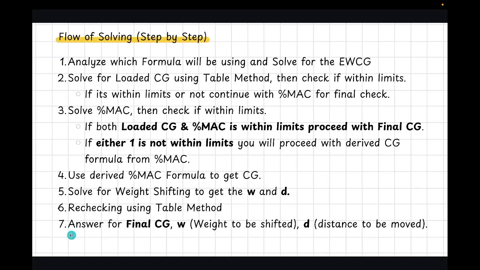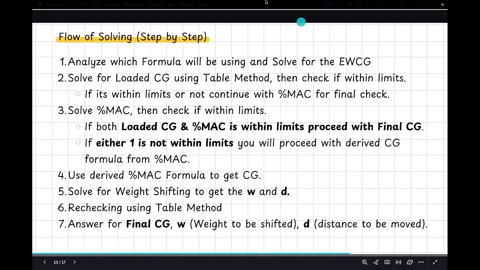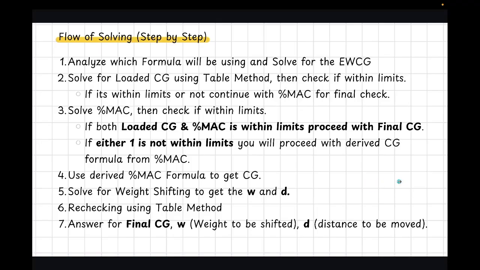Okay, here is the big breakdown of our solving process. Step 1, analyze which formula we will be using and solve for the empty weight center of gravity. Step 2, solve for the loaded CG using the table method, then check if within limits. If it's within limits or not, continue with percent Mach for final checking. Step 3, solve percent Mach, then check if within limits. If both loaded CG and Mach are within limits, then proceed with the final CG. If either one is not within limits, you will proceed with the derived CG formula from Mach.